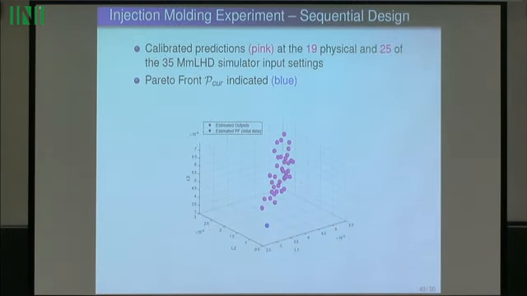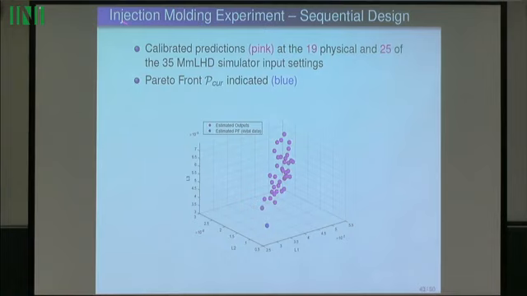Okay, so let's go back to where we started. We had 19 physical observations, and originally we had 35 simulator ones, but now I want to compare that with the sequential procedure. So let's just take 25 of the original 35. They're as space filling as we could get here.